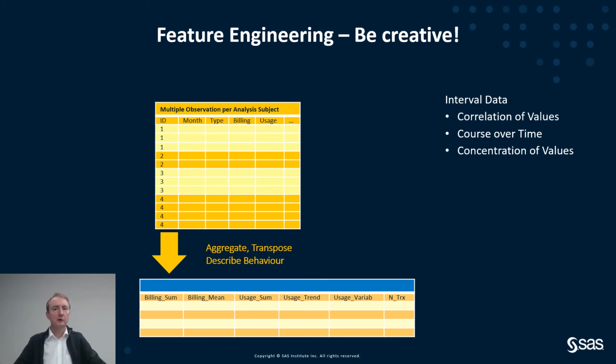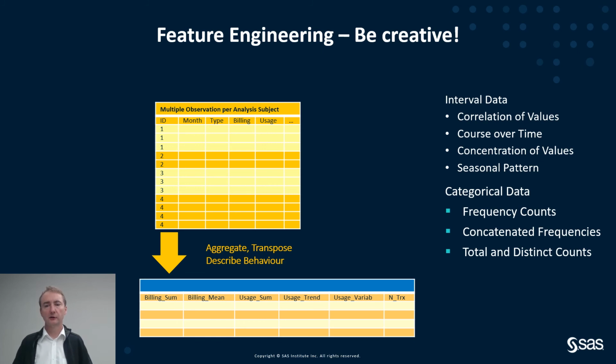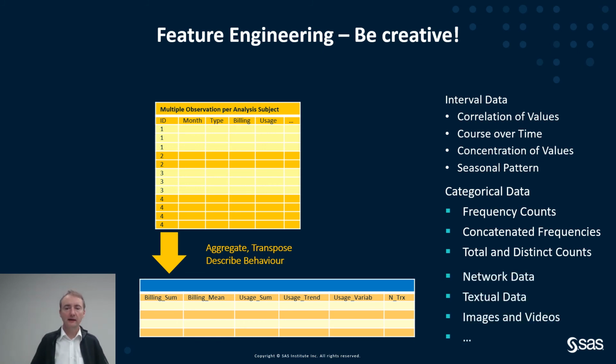In a couple of my projects, for example, this was the trend over time or the correlation of the values as you have seen in this example, also taking a look at seasonal patterns, also at categorical data or network data, textual data, images and videos. Many of the analytical methods you have available are also very good methods to help you in feature engineering. And I really would like to convince you to use these methods to get better input data for your predictive models. This is what I wanted to show you today.